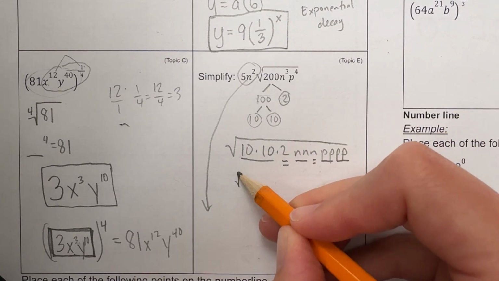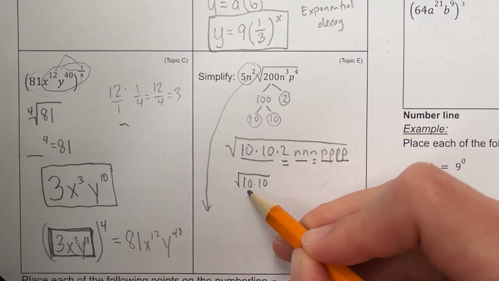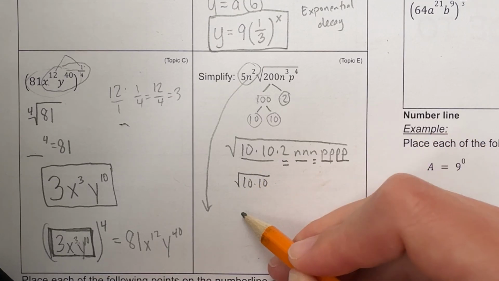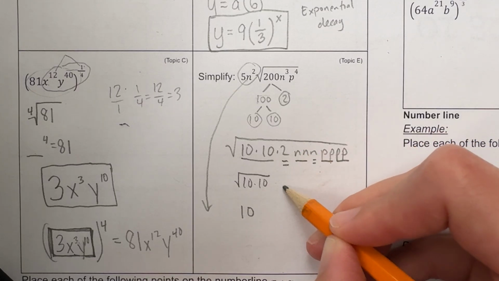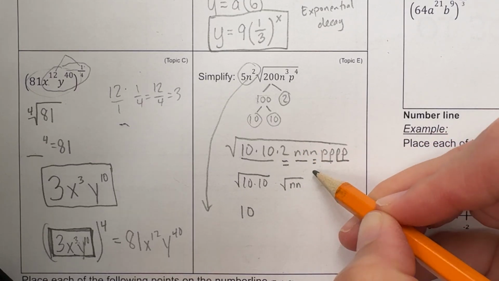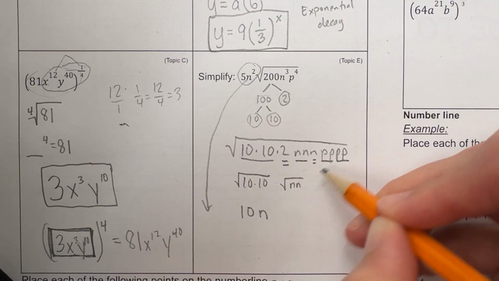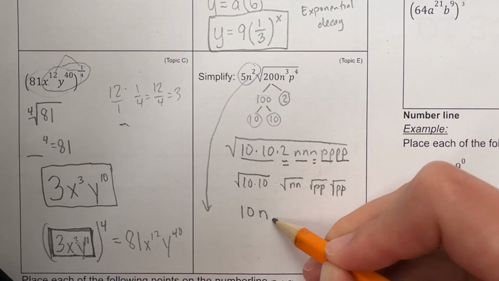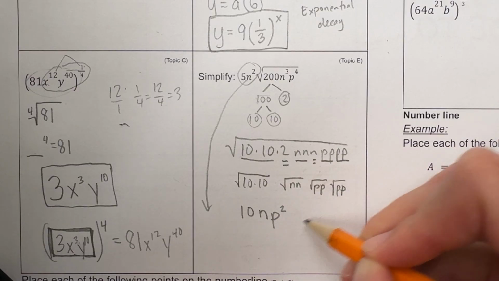Remember that each of these doubles, think about what this means. This means 10 times 10 is 100, but then the square root of 100 just becomes a 10. So this double n, the same thing happens. Whatever number this is, I'm going to square it and square root it, and this just becomes an n. And the same thing happens with these 2 sets of p's. So this becomes a p and another p.